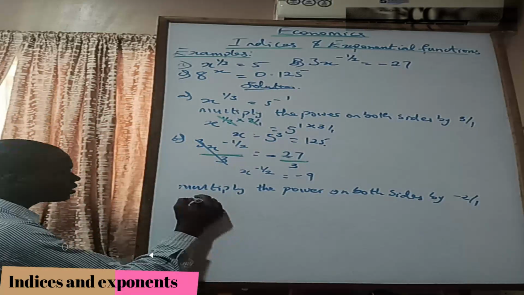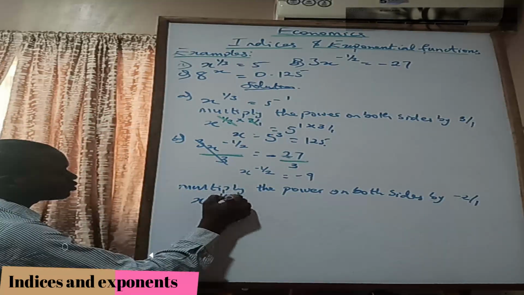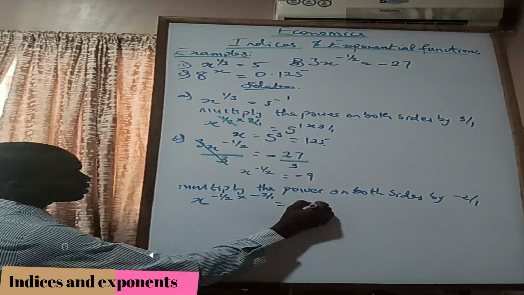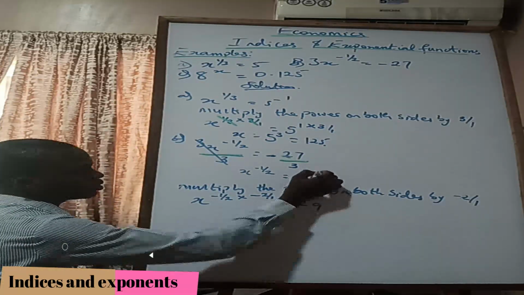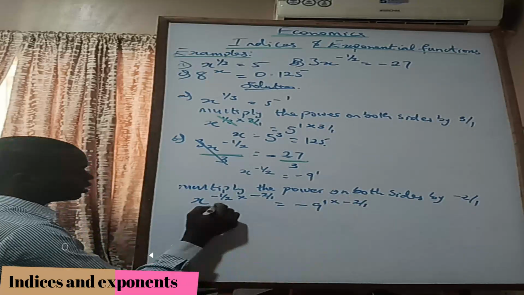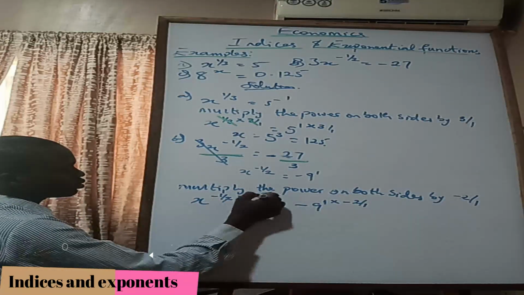So x raised to the power minus 1/2 multiplied by minus 2/1 will be equal to minus 9 raised to the power minus 2/1. The power here is 1, so power 1 times minus 2/1. The 2 cancels 2, this cancels this.